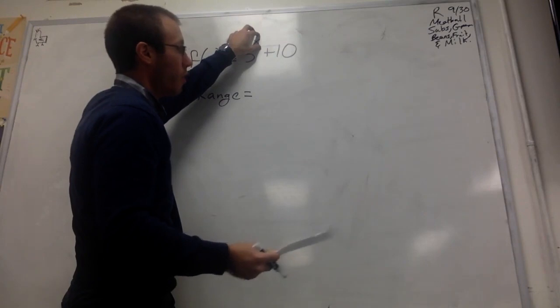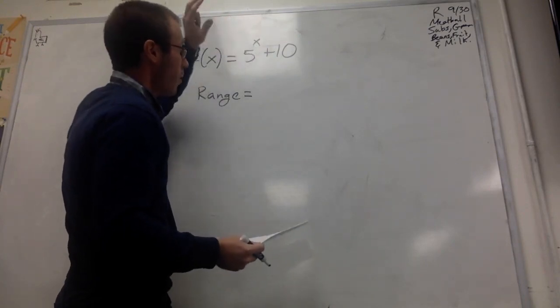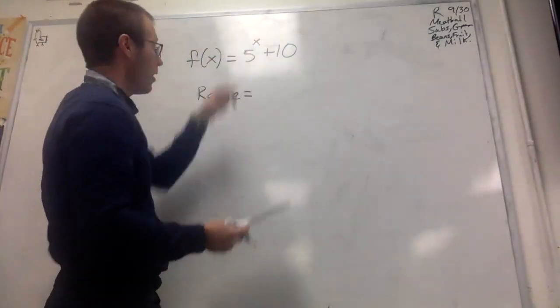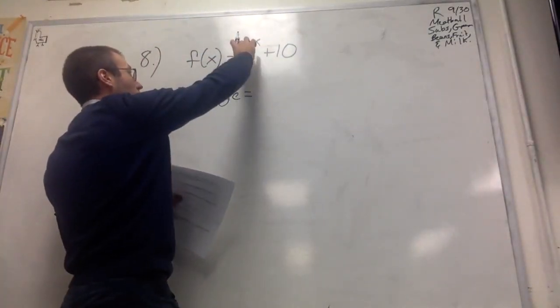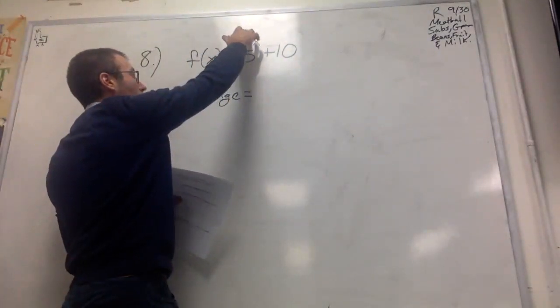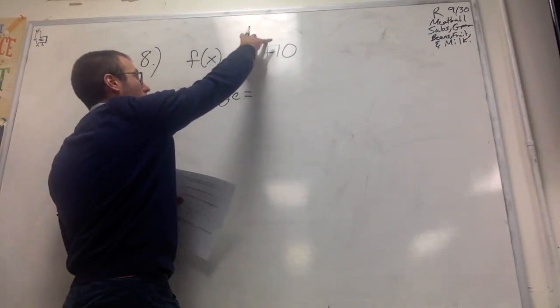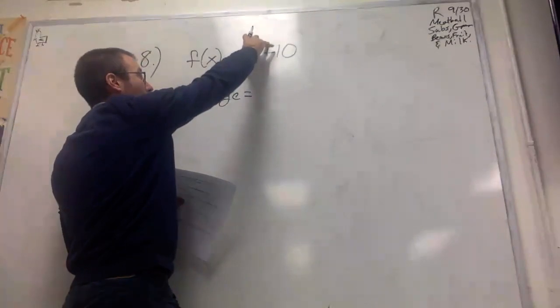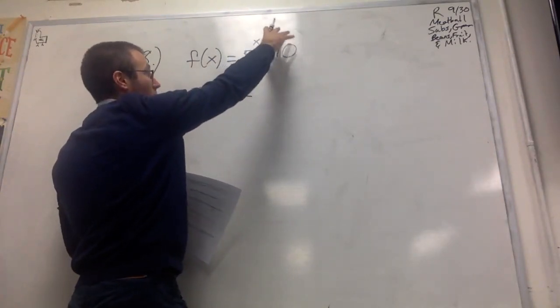That means 1 over 5 to the power of 1,000, which makes this value right here essentially 0. If you raise this to a super large negative number, as this goes to negative infinity, technically this value becomes 0, so you're just left with 10.